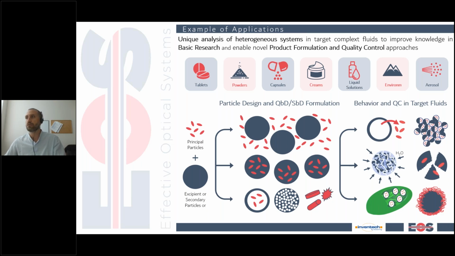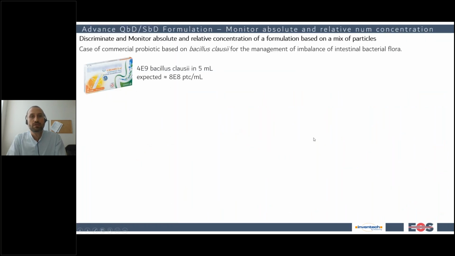Let's start with the first case. We have a formulation which is made by a mix of different kinds of particles. Let me show you a representative result considering a commercial probiotic product that you can take from the shelf and measure using our device. This is the case of Bacillus clausii, which is a probiotic product for the management of imbalance of intestinal bacterial flora.